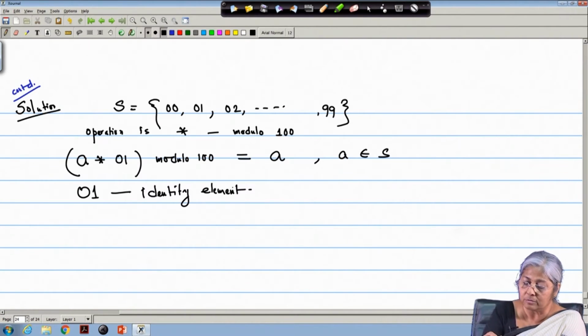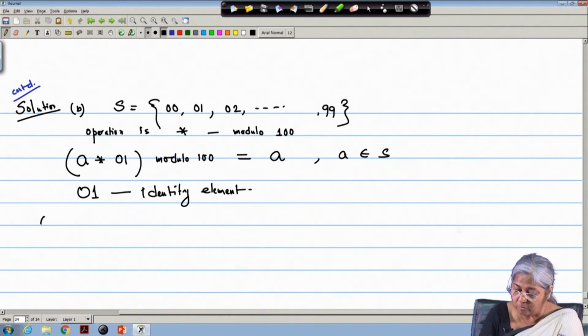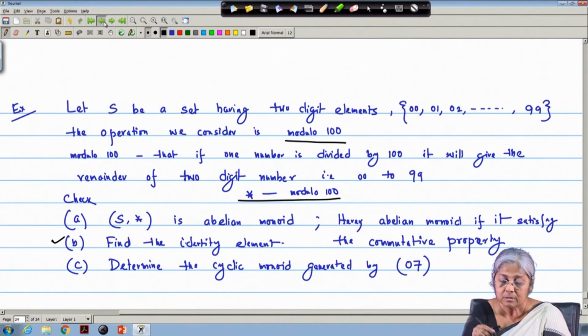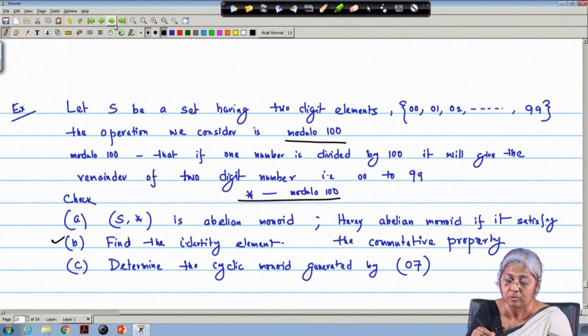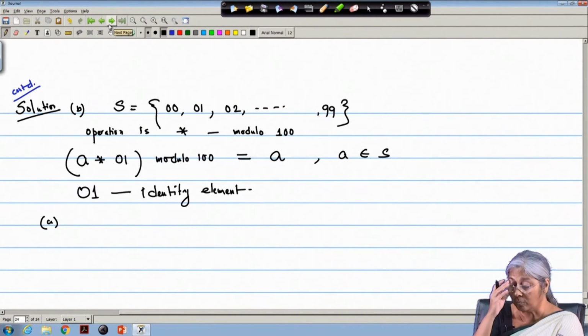So this is the answer of B. Now we check whether it is an abelian monoid, that means whether it is commutative or not.